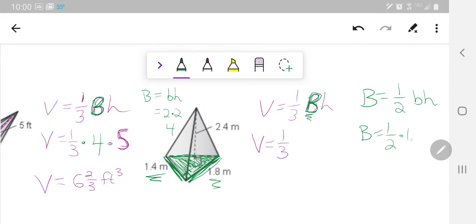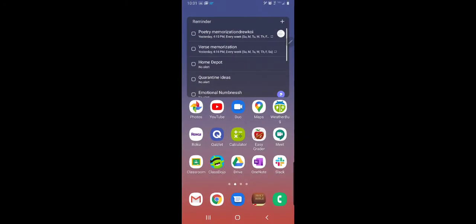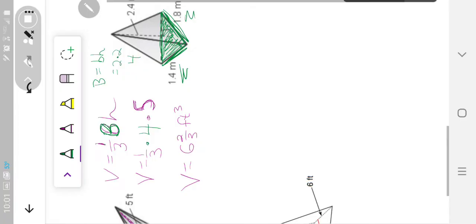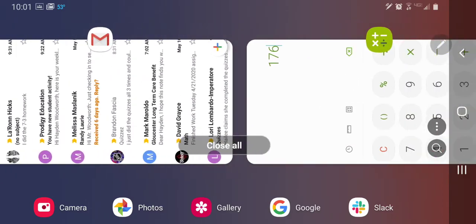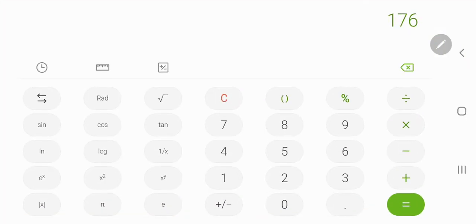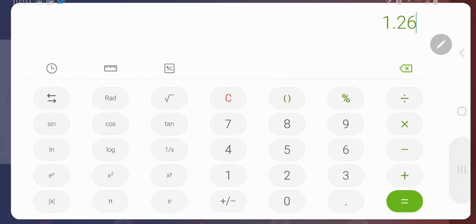That's going to give us 1.4 times 1.8, which equals that, and then divided by 2, since we're multiplying by half, is 1.26.